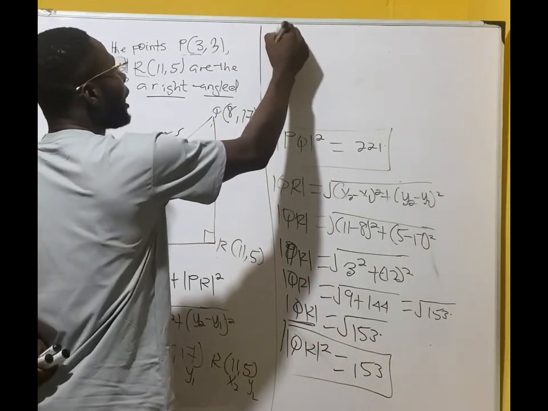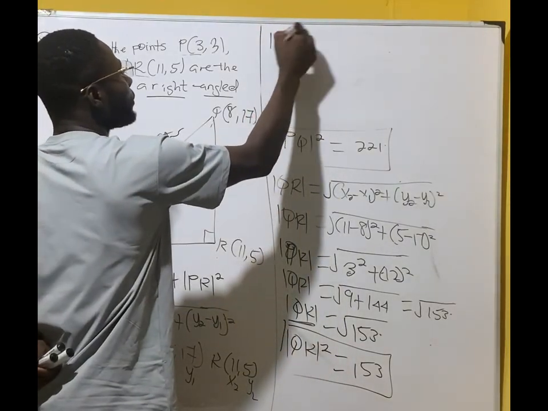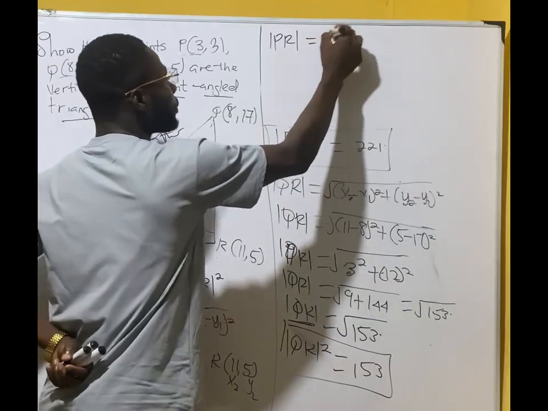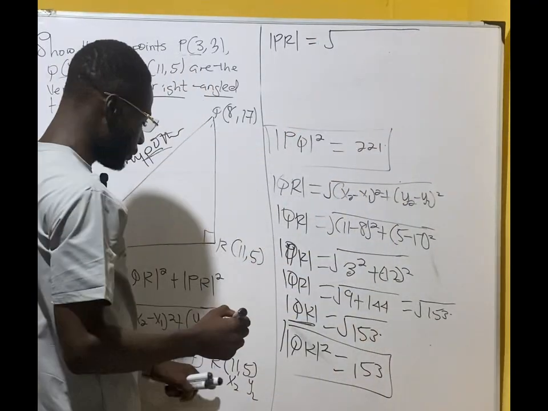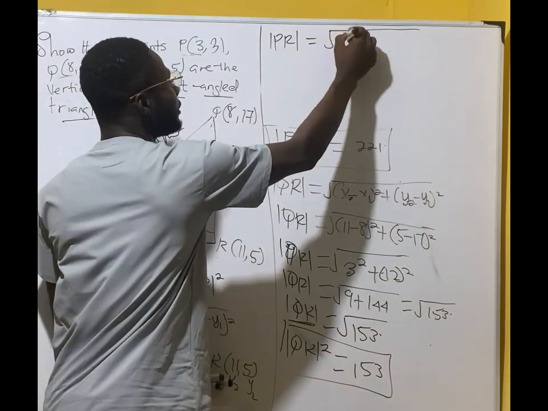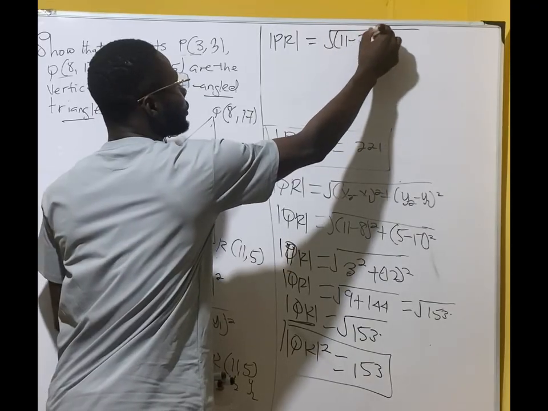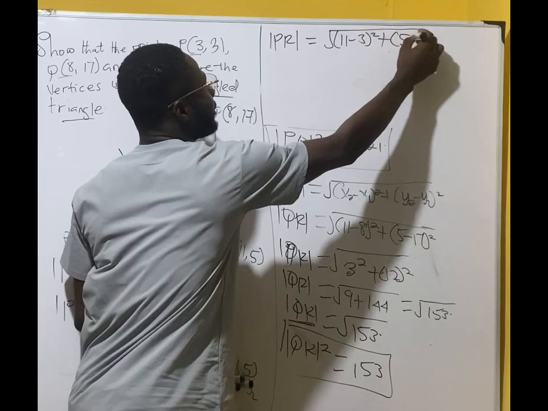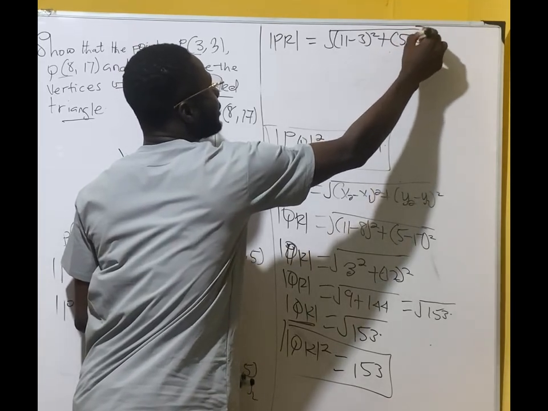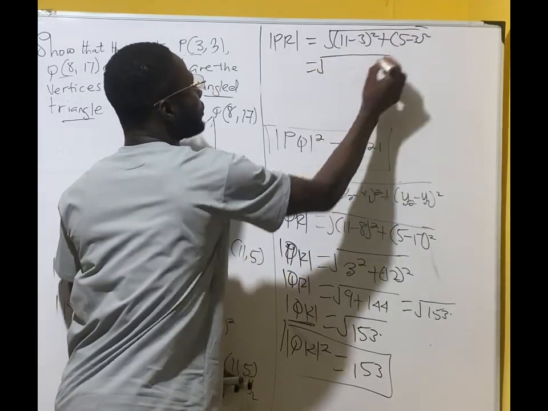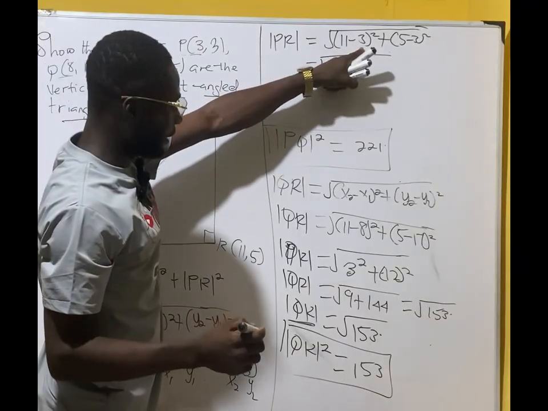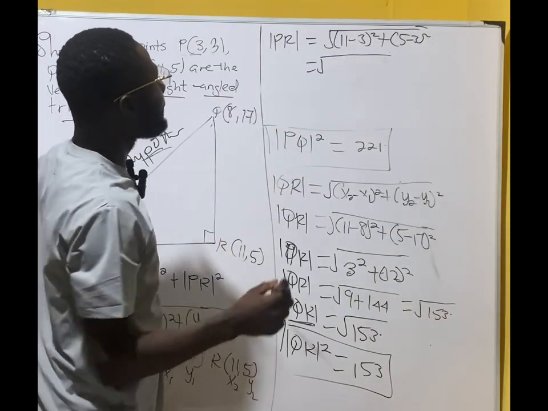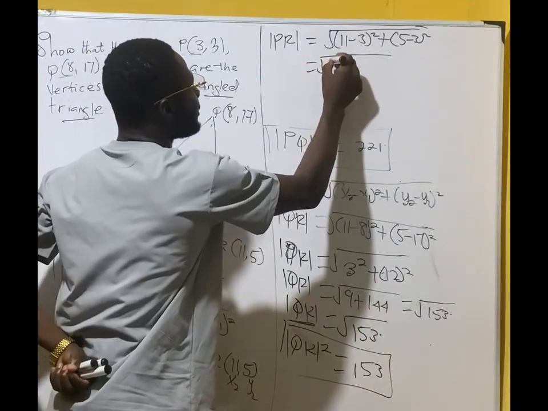So PR will be equal to the square root of (11 minus 3) squared plus (5 minus 3) squared. We're going to have the square root of 11 minus 3, which is basically 8.